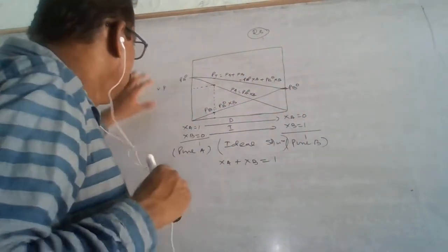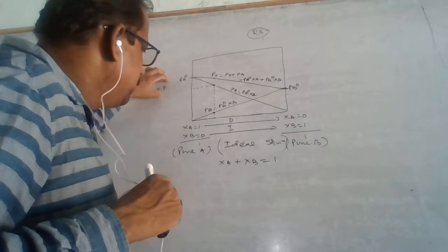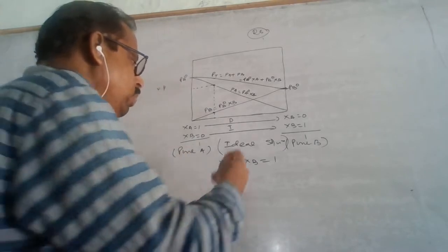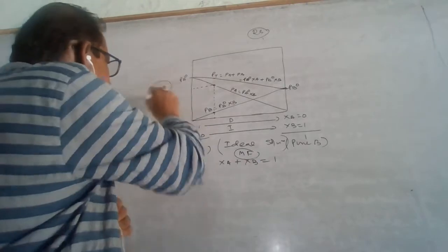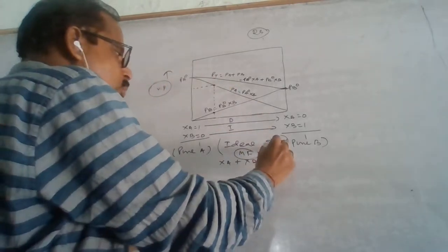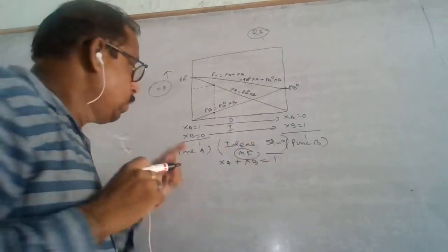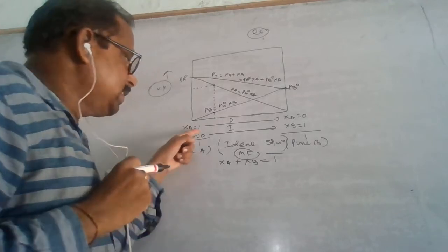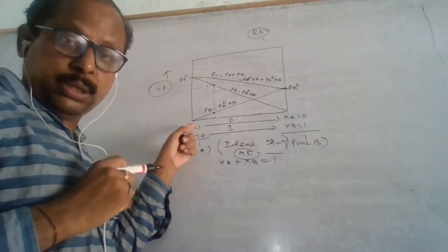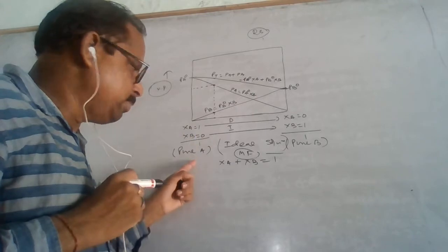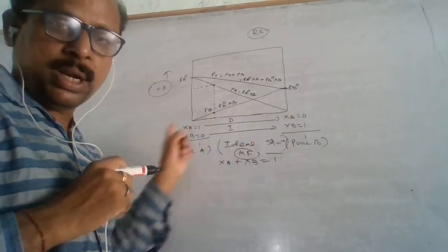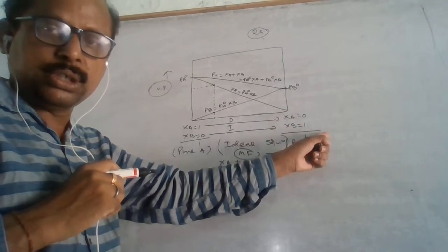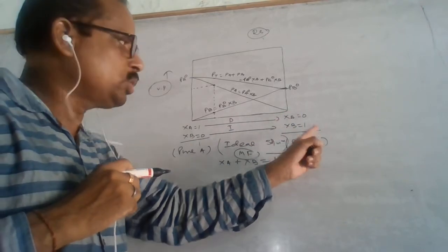So this is the plot between the vapor pressure and the mole fraction of the liquids. This is the vapor pressure along this line, and this is the mole fraction. The mole fraction of A is equal to 1 and B is equal to 0, which means pure A. Here XA gradually decreases to 0 and XB gradually increases from 0 to 1, that is 100%.